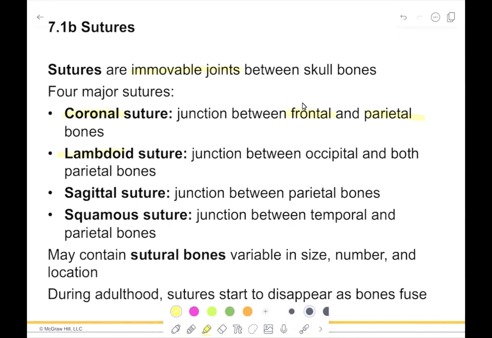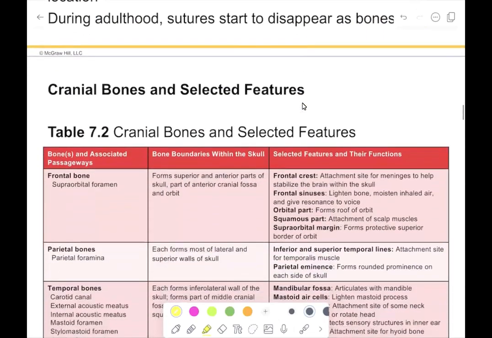The lambdoid suture is between the occipital bone and the parietal bones. The sagittal suture is between both parietal bones, and the squamous suture is between the temporal bone and the parietal bone. So there's four main sutures to make sure that you know.